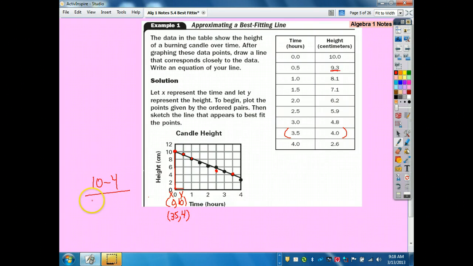My x's, 3.5 minus, oops, wrong one, 0. So my slope is 6 over 3.5. Simplify. Calculators out. What is 6 divided by 3.5?